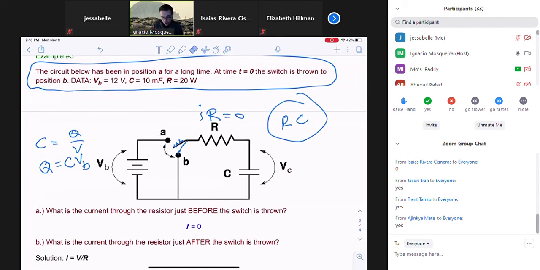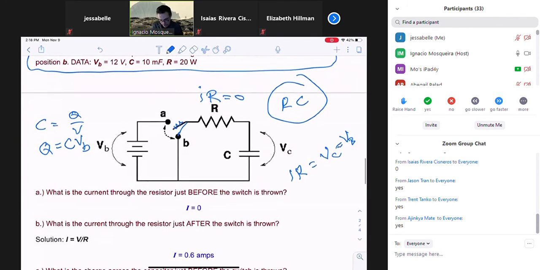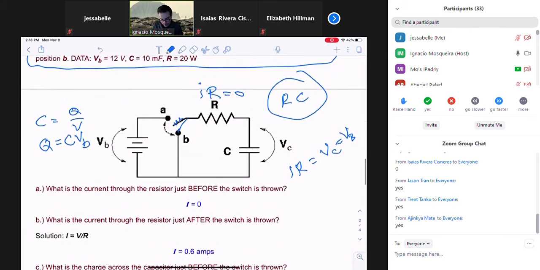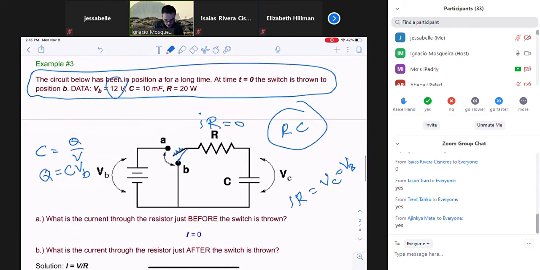So all of a sudden you close the switch and the current will jump up. And at that point, right after you close the switch, what you must have is IR equals VC, which equals V of the battery because the capacitor was fully charged. Okay? So therefore, I equals V over R. V is 12 volts.